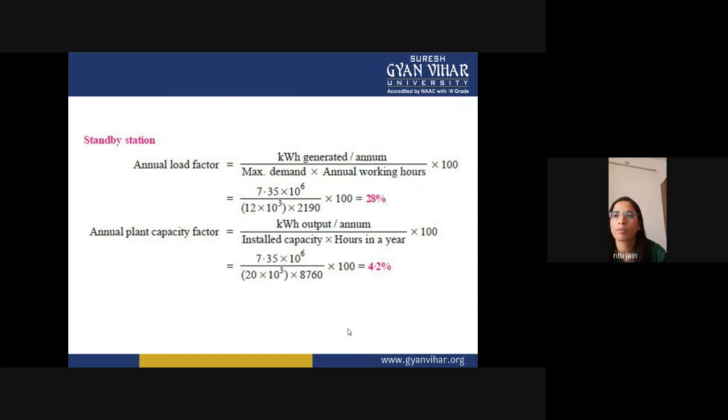Now, the standby station annual load factor. You know the formula for load factor is the units generated or average load upon maximum demand. If you are taking average load in terms of energy generated, then the formula becomes kilowatt hour generated per annum upon maximum demand into annual working hours.